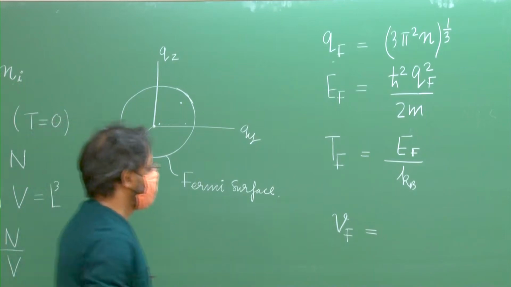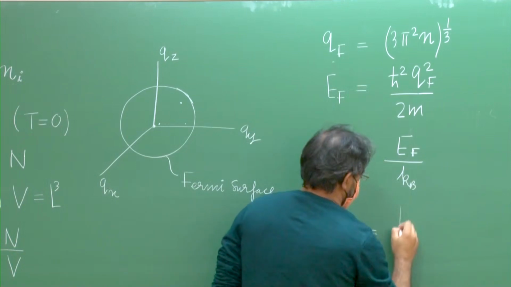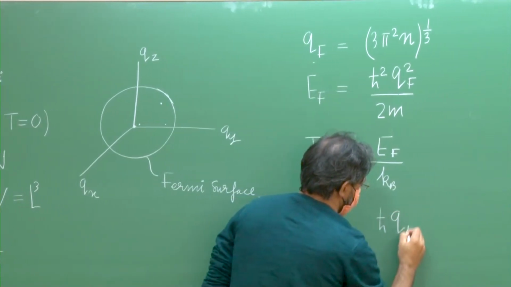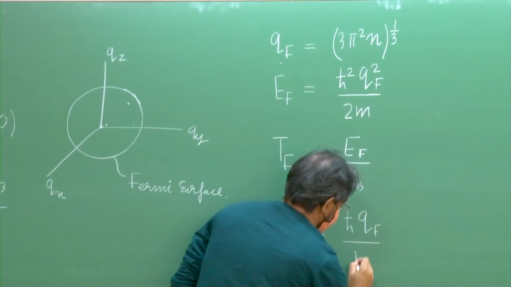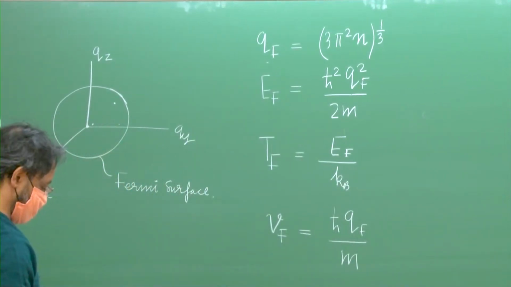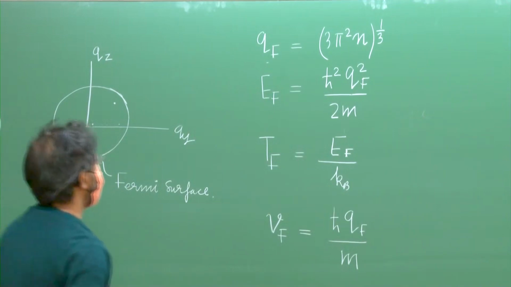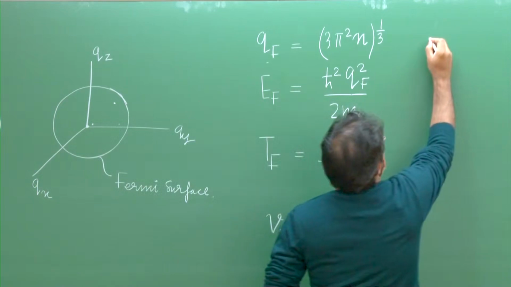So vF will be simply h bar qF divided by the mass of the electron. Now for a typical metal, sodium or copper or aluminum, let's list the values of these quantities.